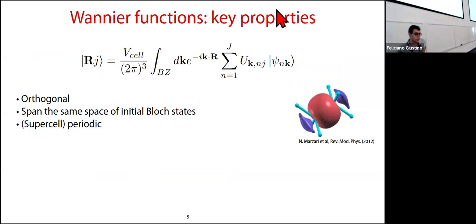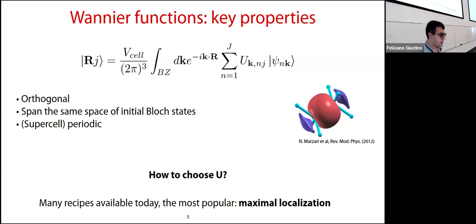As Nicola has shown you, all these Wannier functions have interesting properties. They are orthogonal, they span the same space as the initial Bloch states, and they are periodic in the supercell. But different choices for this unitary matrix result in different localization properties of the functions. So the key aspect here is how to choose the unitary rotation, and there are many recipes available today.